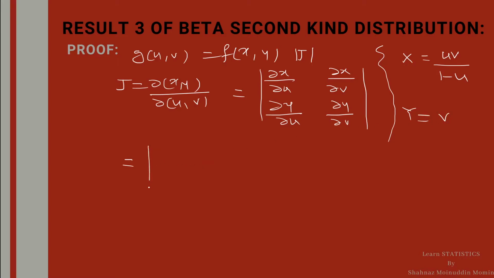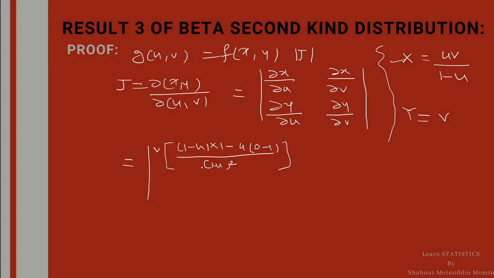Then J is obtained by differentiating x with respect to u. Since this is a ratio of two functions, we use the formula for the derivative of a ratio of functions. So it is v into [(1 minus u) into derivative of u, which is 1, minus u into 0 minus 1] divided by (1 minus u) whole square.